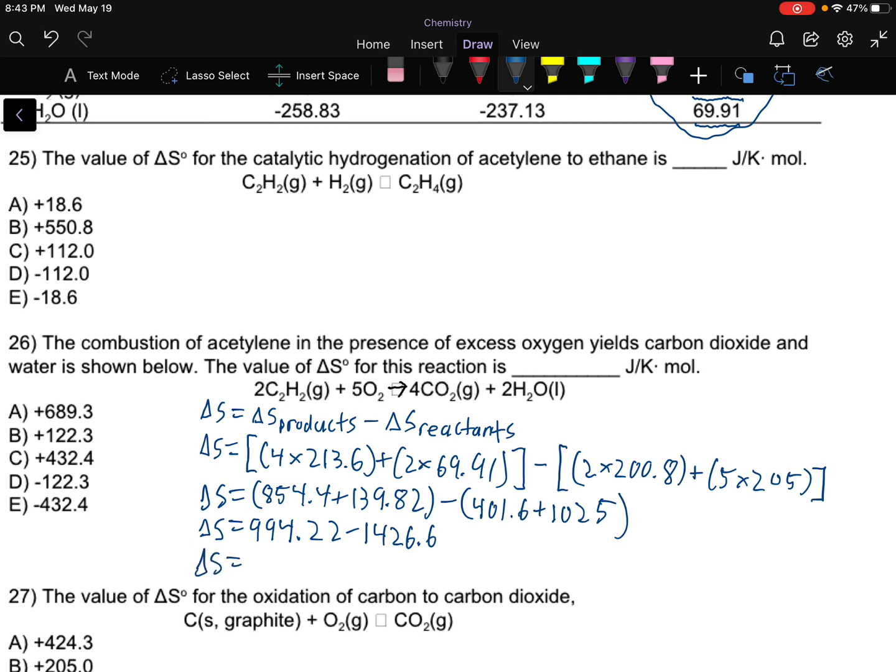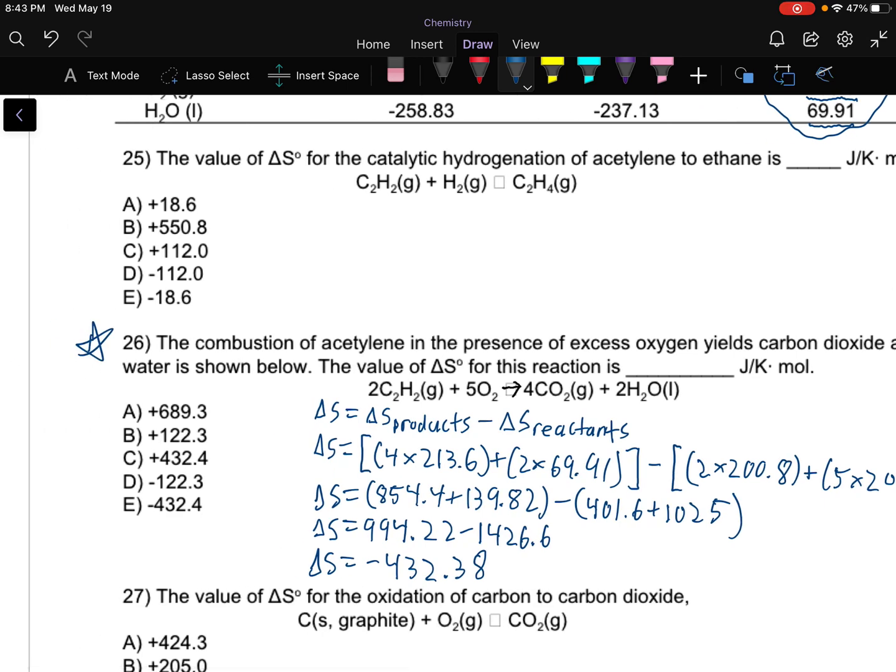And then finally, 994.22 minus 1426.6, and that will be negative 432.38. And then looking at our choices, we see that answer choice E is the closest to our answer.